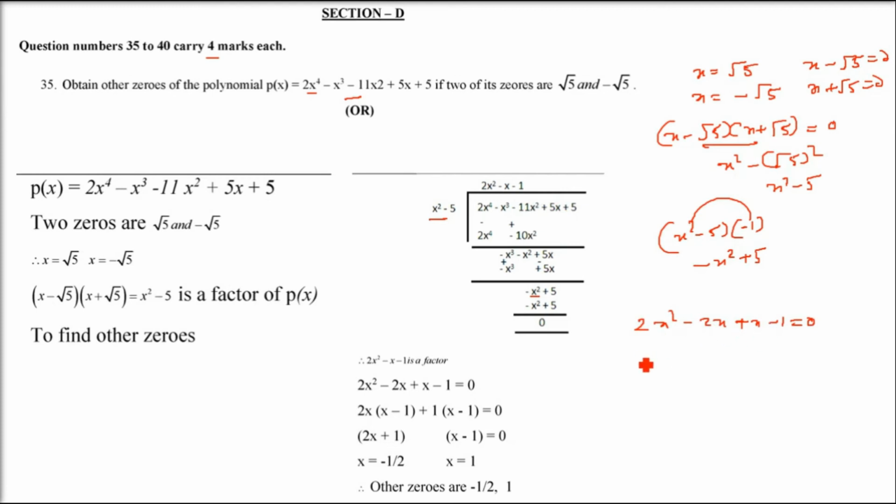So this will be 2x square, 2x, take bracket x minus 1, plus 1(x minus 1) equals 0. So you get (2x plus 1)(x minus 1) equals 0. So this is x equals 1 and x equals minus half. So you have 4 factors: root 5, minus root 5, 1 and minus half. These are the 4 zeros, roots of this polynomial. Okay.